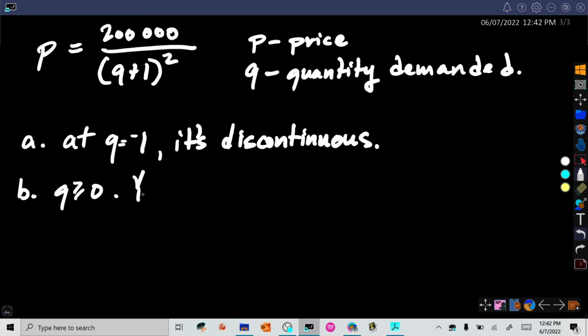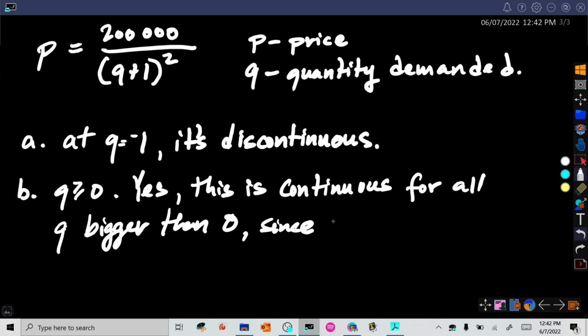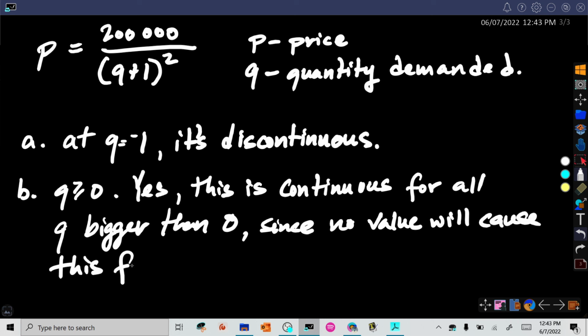And the answer is yes, this is continuous for all Q bigger than 0, since no value will cause this function to be undefined. Okay?